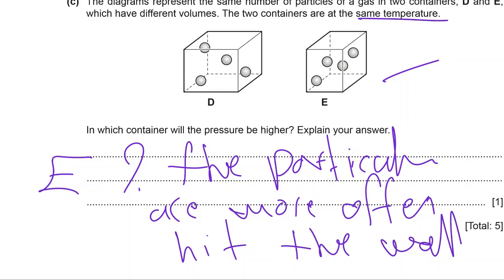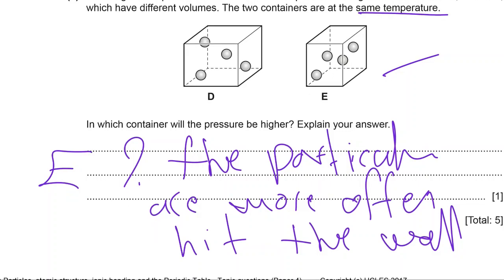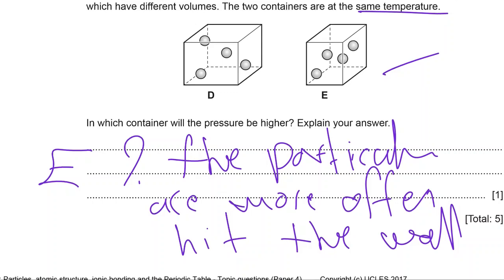As the particles more often hit the wall, that means more pressure is produced on the wall of the container by these particles. So the pressure is higher in container E than in container D, because in D the particles hit the wall of the container, but not with the same chance as in container E.